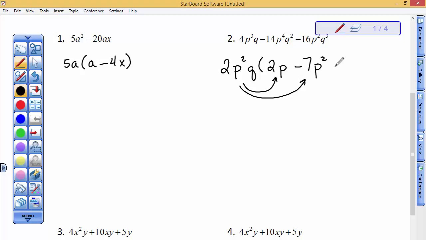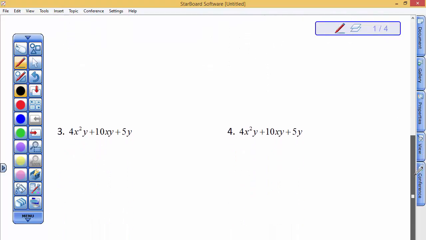This q has to be multiplied by q to get q squared. Finally, the last term, 2 has got to be multiplied by a minus 8 to get the minus 16. I've got the p squared covered. I've got a q to the first, and I need this to be q to the third, so I'm going to use q to the second there. If I distributed all 3 of those, I'd get what I started out with, but this is my answer. I've taken the greatest common factor out.